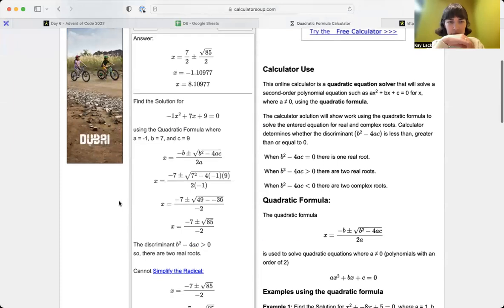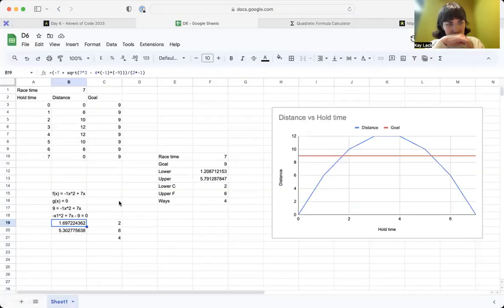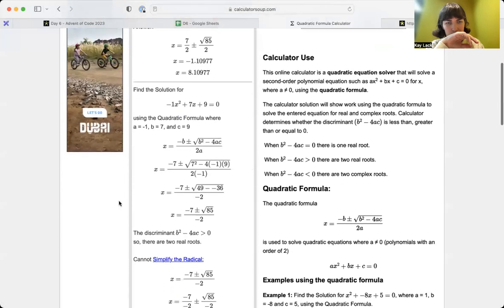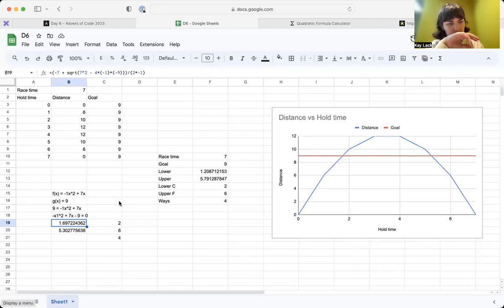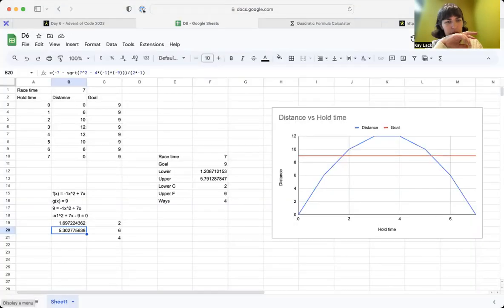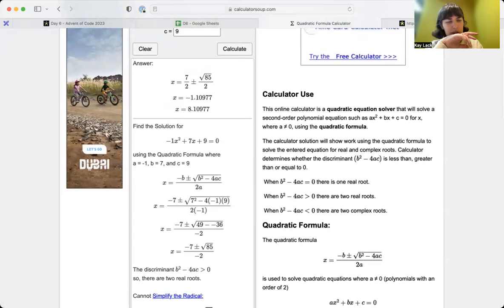What have I got wrong here? Minus 7 plus or minus. This didn't change as much as I expected. Minus 1, 7, 9. But the formula's now not getting the right result.